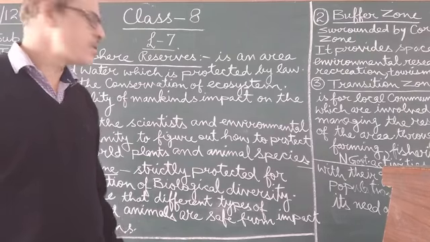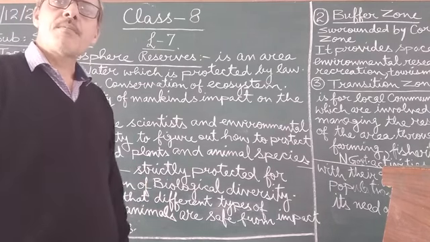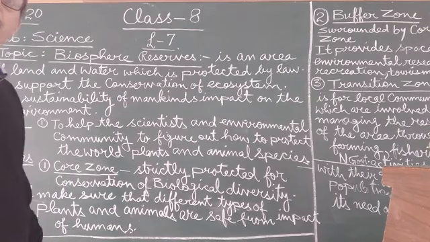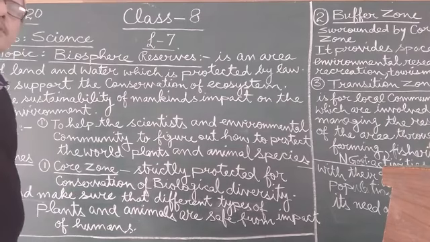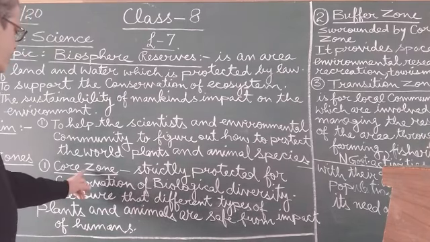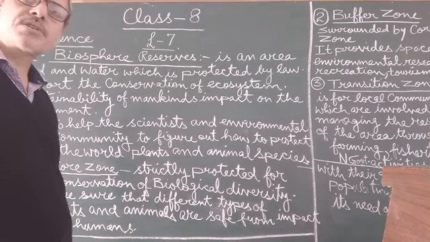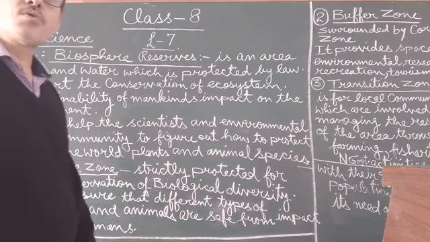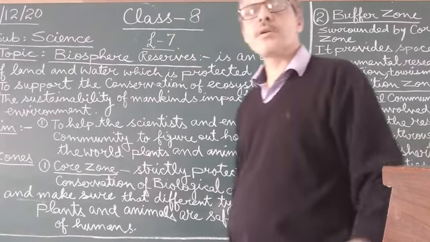Now I will tell you one by one about the specific features of each of these parts or zones of the biosphere. So let's start with the first zone or first part of the Biosphere Reserve, that is the core zone, and this core zone is strictly protected.